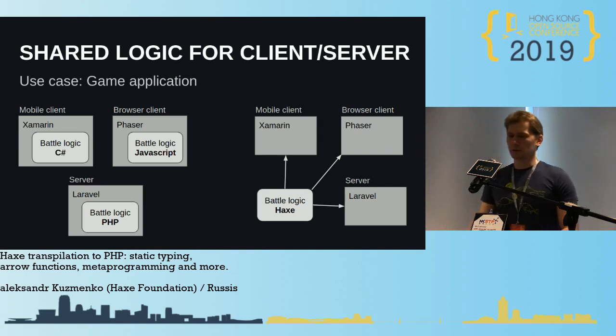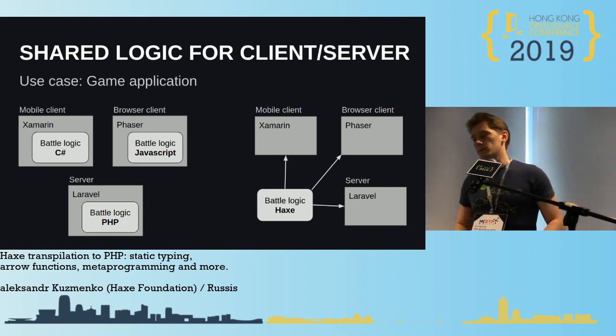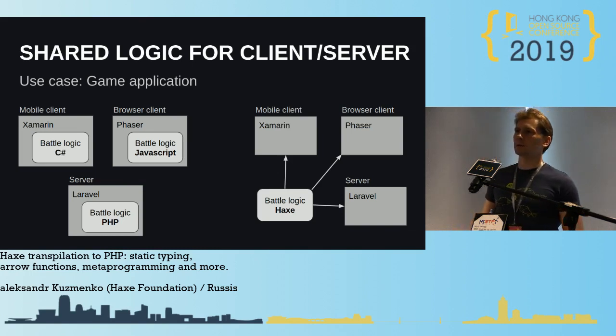And that not only eliminated the cheating problem in our project, that also allowed us to reduce the cost of development of new features in battles, because you don't need 3 or 4 people to develop the battle system for each target. Now you need only the single programmer who can write in Haxe and target all these applications.